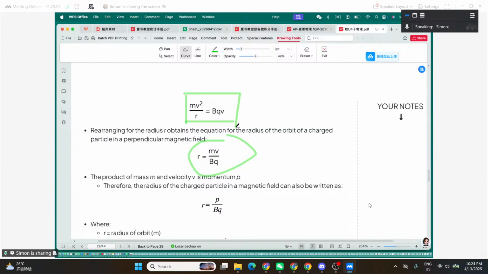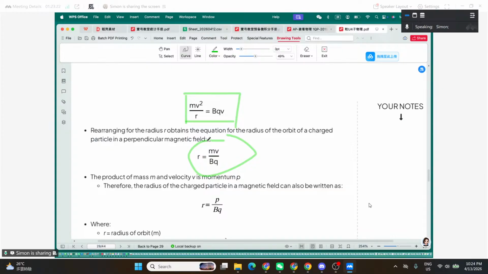So mv squared over the radius equals BQV. I will separate the radius onto the left hand side, and finally the right side is the product mv over BQ, right?